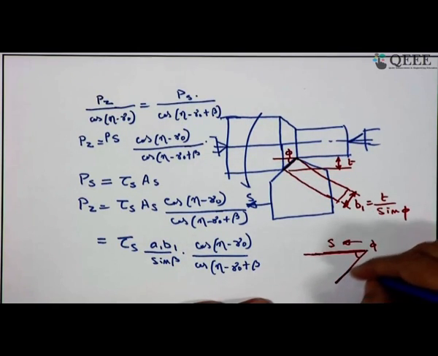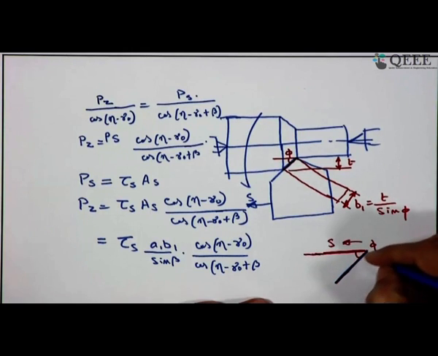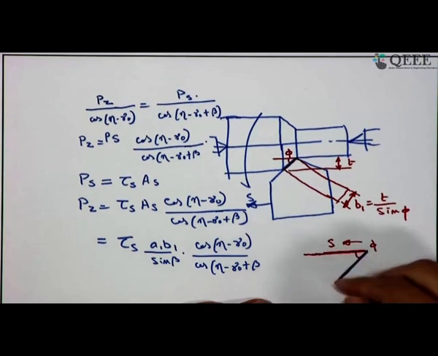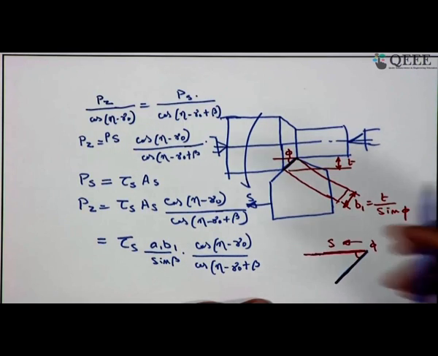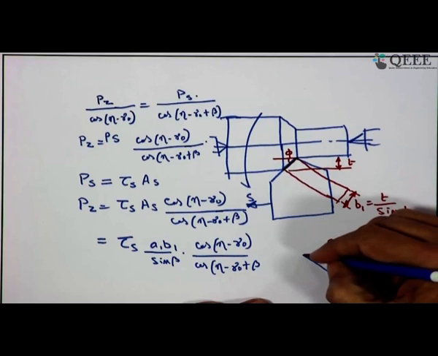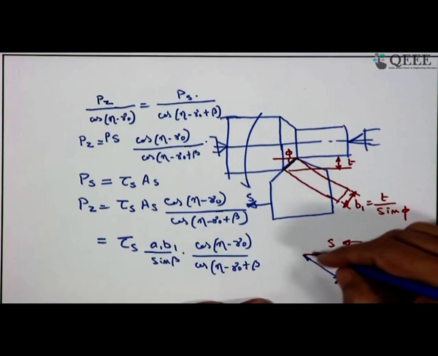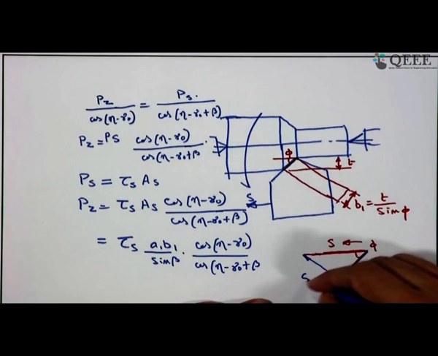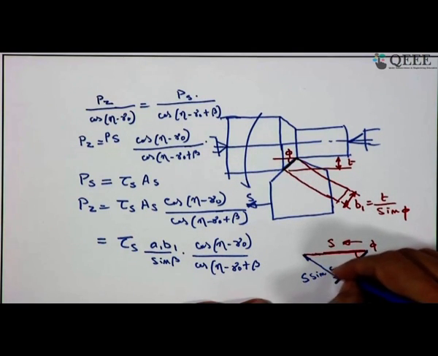So, let us change the color, this is the cutting edge. Perpendicular to this cutting edge you have to see the advancement, the penetration of the cutting edge perpendicular to the cutting edge. That means, you have to consider this component, and that is actually the advancement of the cutting edge in the orthogonal direction, and this happens to be S sin phi.